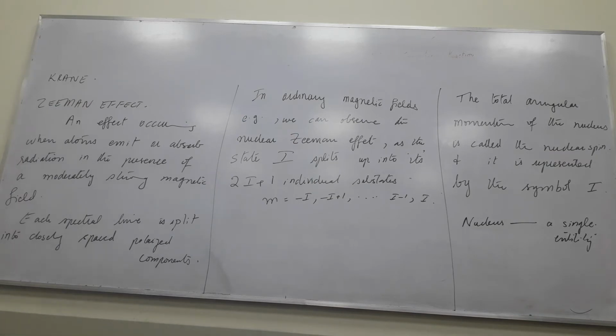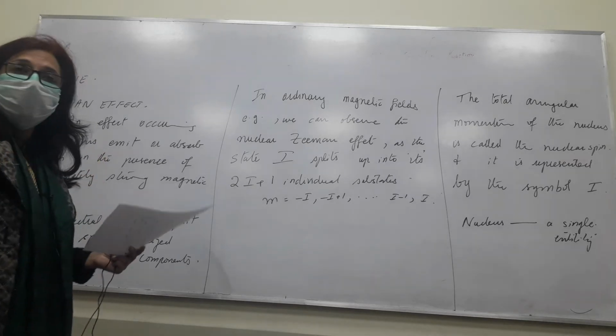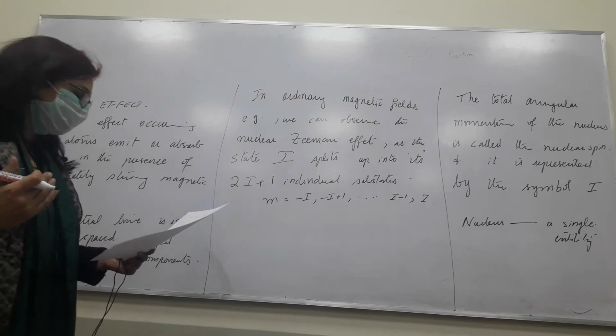So, if we could apply an incredibly strong magnetic field, so strong that the coupling between the nucleons were broken, we could see each individual J splitting into 2J plus 1 substates. First we saw it on a bigger scale, and now if we apply the same concept, of course, we will have to design an experiment with a strong magnetic field and so on.